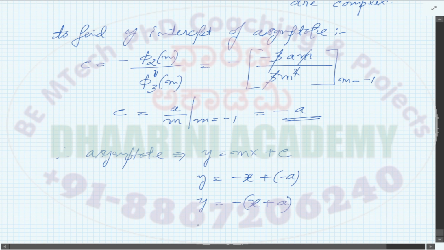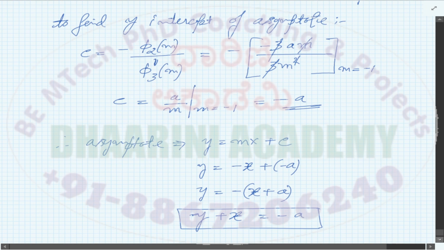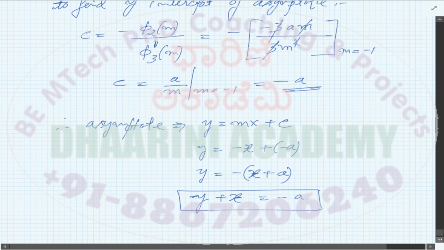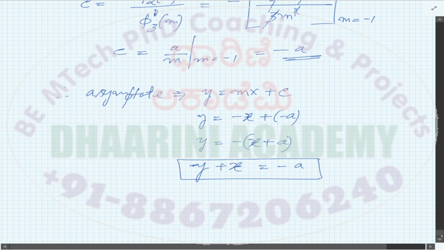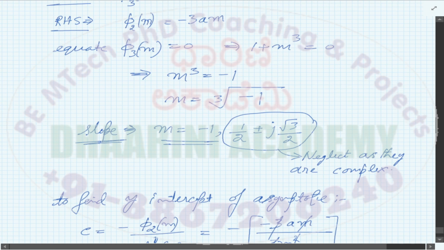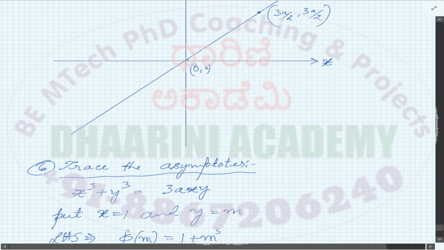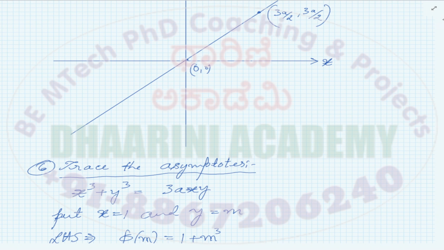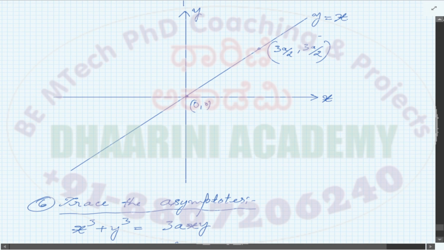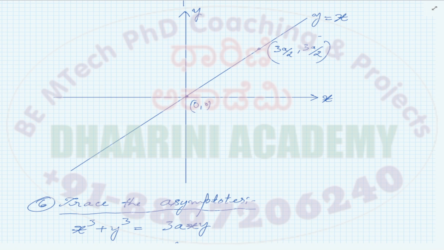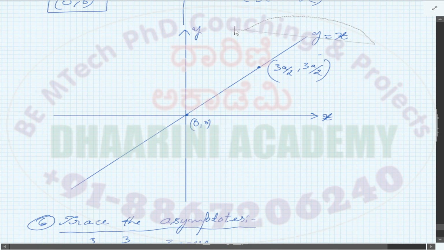Or you can also take the minus x to the other side: y plus x is equal to minus a. Whichever is convenient to you, you can represent in that way. So this is the asymptote now. In the above graph, I have to draw this particular straight line. So let's copy this and try to draw the asymptote now.